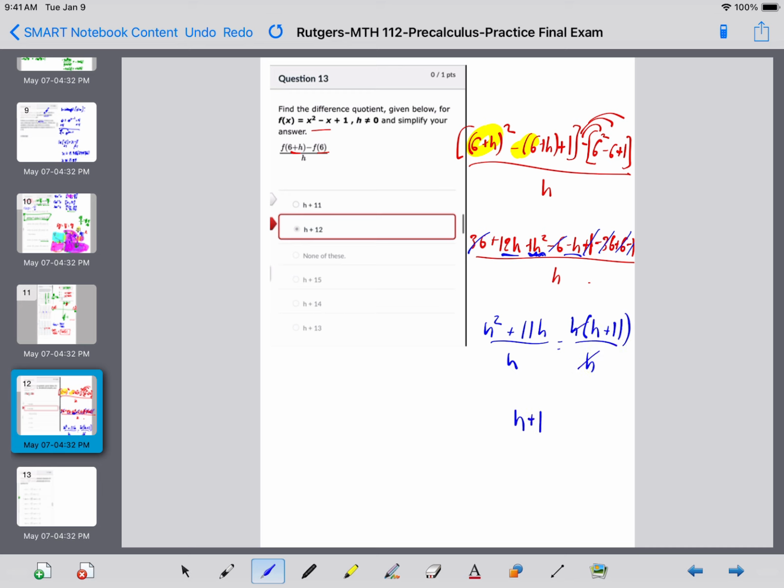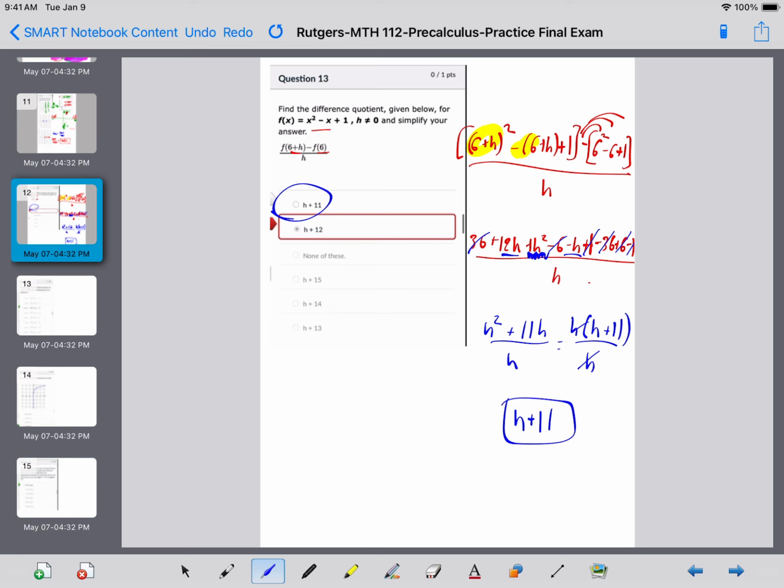H cancels out, and you have h plus 11 as your answer. Okay, I guess the key to this question is to be very organized with your work. When you have a lot of terms like that, you could combine like terms, or maybe use different underlines for different like terms groups.